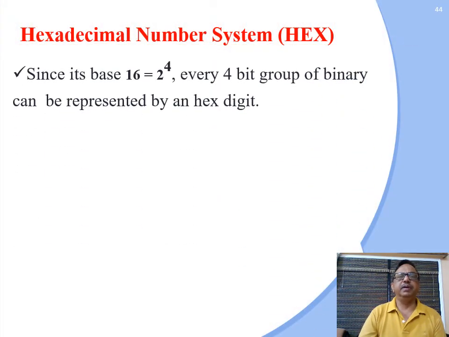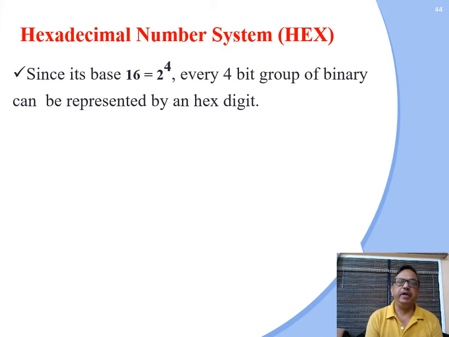In the hexadecimal number system, the most important thing is that 16 is equal to 2 to the power 4. So the base 2 belongs to the binary number system, and each digit of a hexadecimal number can be replaced by 4 bits of binary.